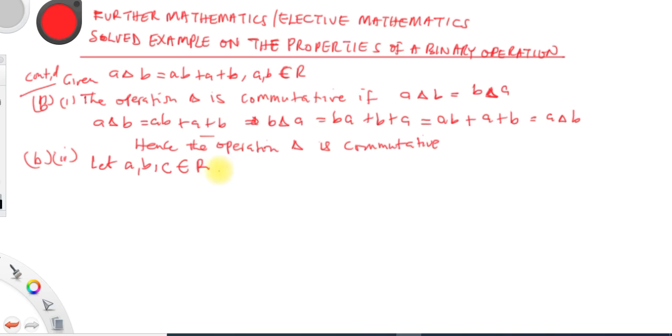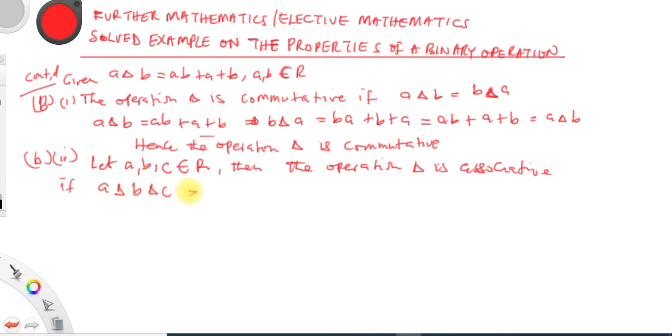Then the operation triangle is associative if A triangle B triangle C is equal to A triangle B triangle C.